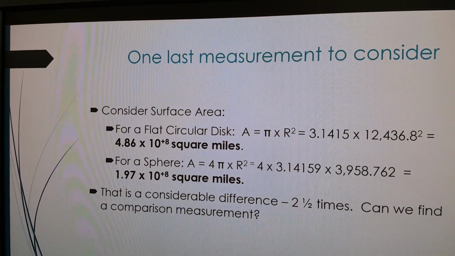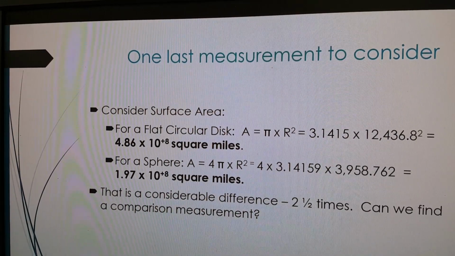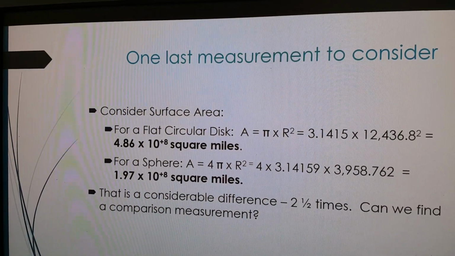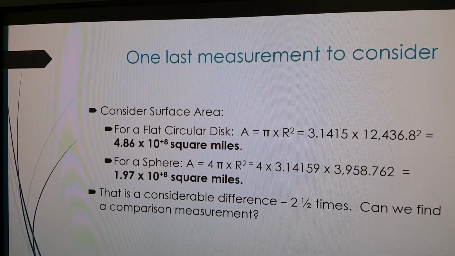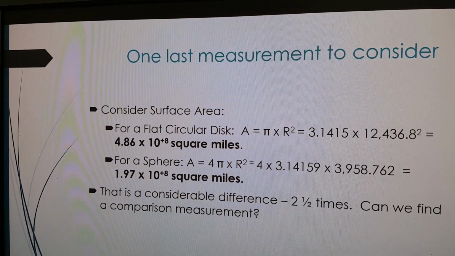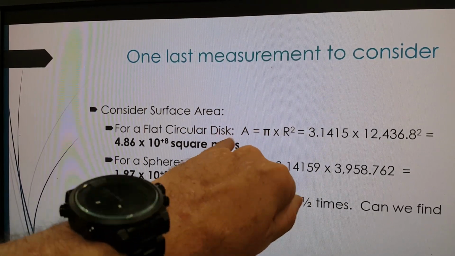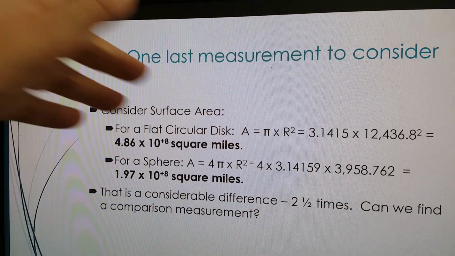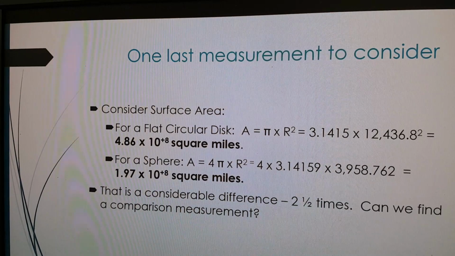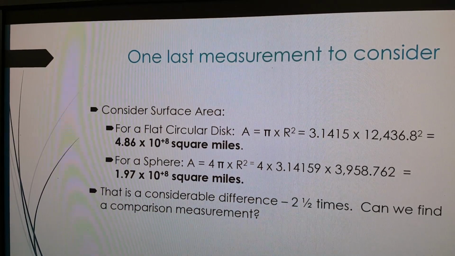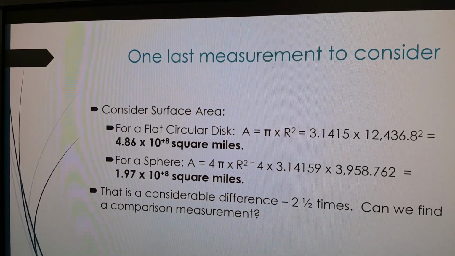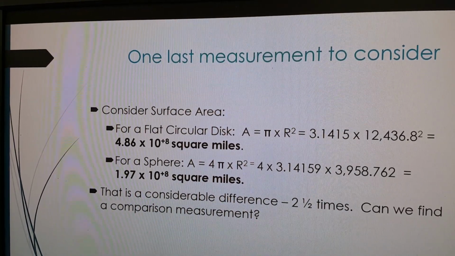So now let's think about the surface area of these two models. For a flat circular disk, as we know the flat Earth believes, the surface area is equal to pi r squared. That's the accepted equation for surface area of a circle. So pi is 3.1415.